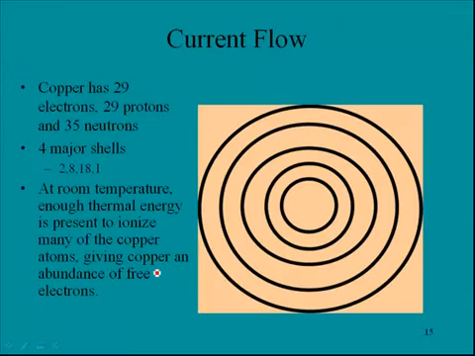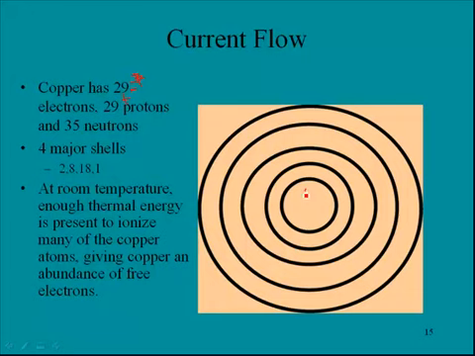Current flow. Okay, we talked about this earlier. We're going to look specifically at a copper atom because it is probably one of the major conductors that is used for transferring electricity. And copper has, notice, 29 electrons, 29 protons. Remember, the electrons are the negative, and the protons are the positive, and the neutrons are neither.